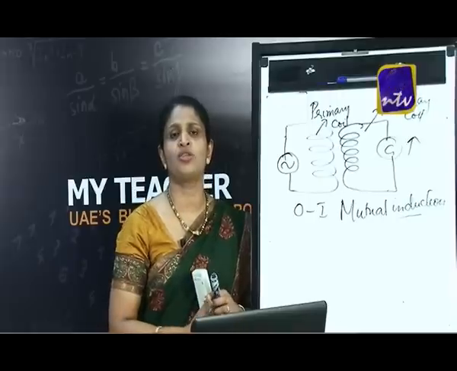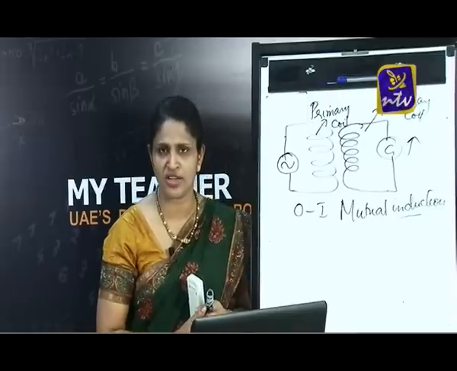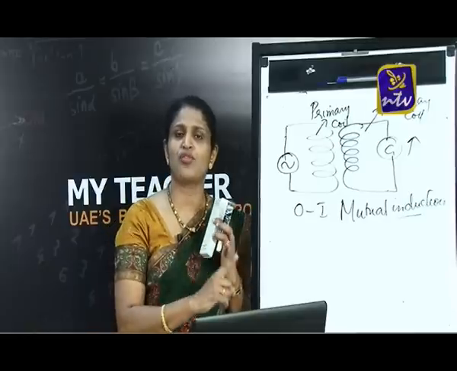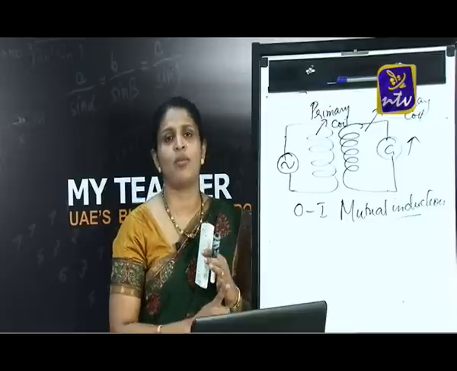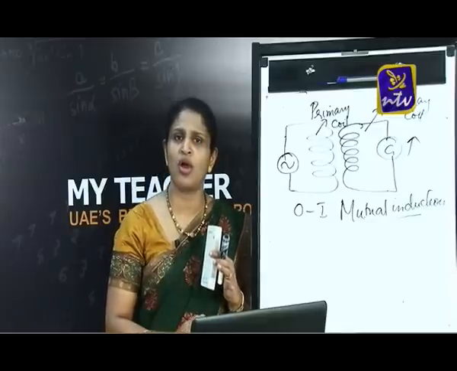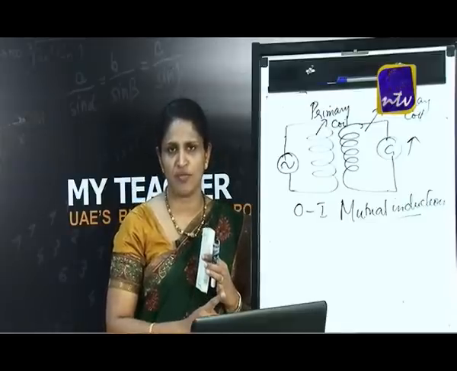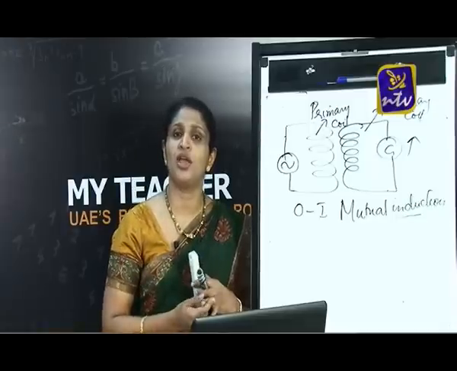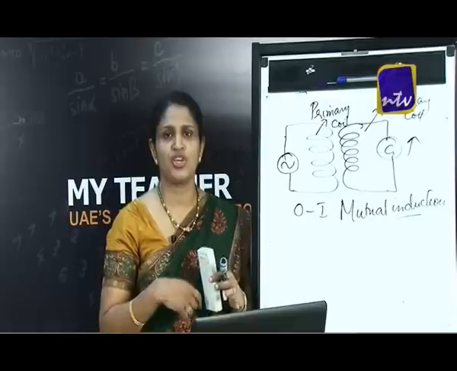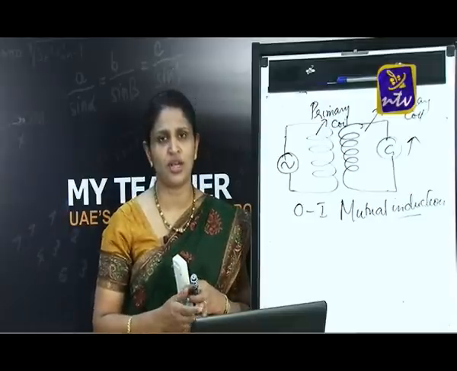This phenomenon is called mutual induction. So electromagnetic induction can be observed in different ways: in the form of self-induction in the same coil due to the change in magnetic flux, and in the form of mutual induction by inducing current in the neighboring coil by changing the magnetic flux linked with it.